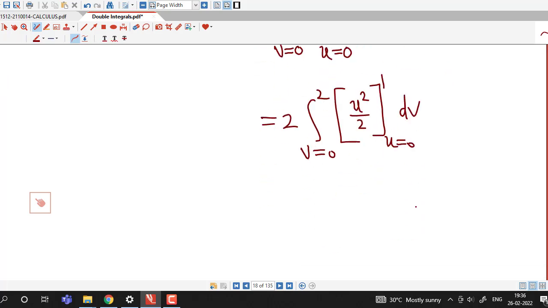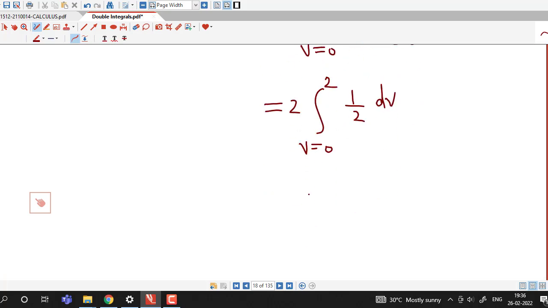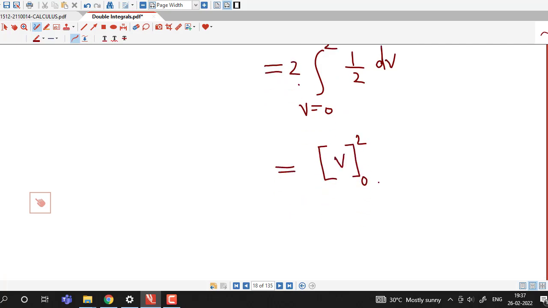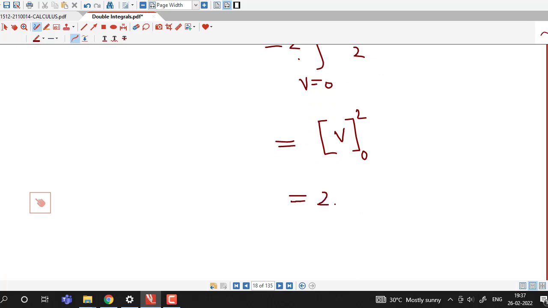Then we will integrate with respect to v after putting limits of u. V is from 0 to 2. Upper limit is u equal to 1. So we obtain 1/2 minus 0, that is 1/2. And this 1/2 will cancel out with this 2, and the integral of dv is v, and v is having limits from 0 to 2. So finally we obtain that this is equal to 2.